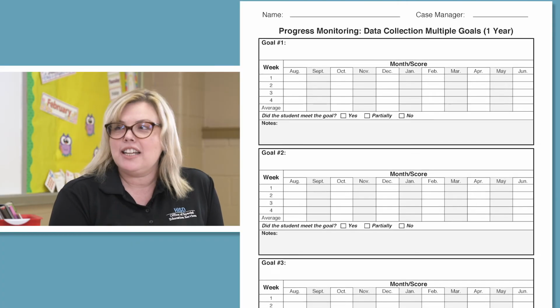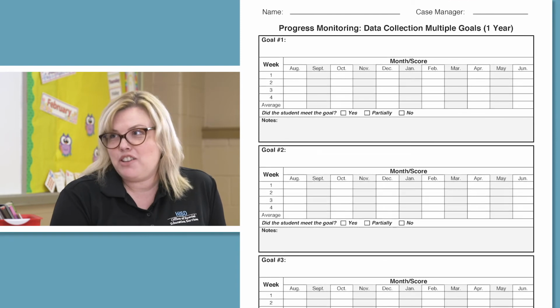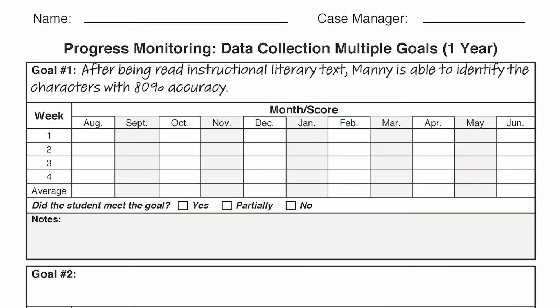Okay, let's look at how you would record that. You will use your goal book, a data collection sheet to track the trials. So you can see on your tracking sheet that you start with the baseline. So for example, the first time that you try to retell the stories with the two squares, Manny is able to correctly identify the character 2 out of 5 times.